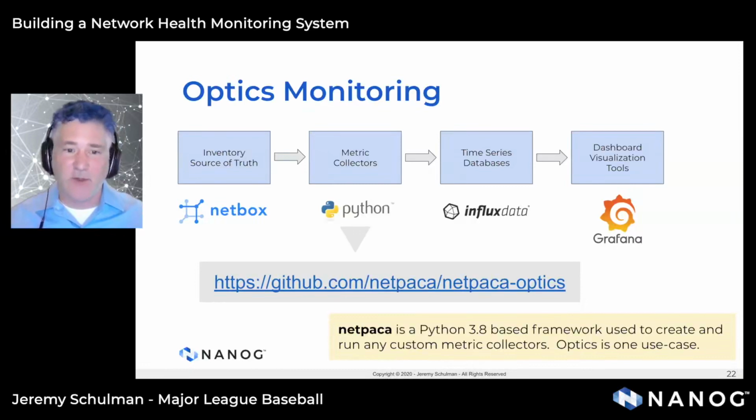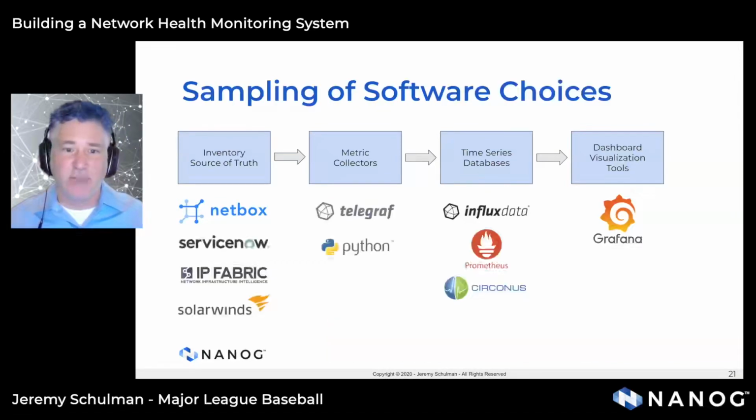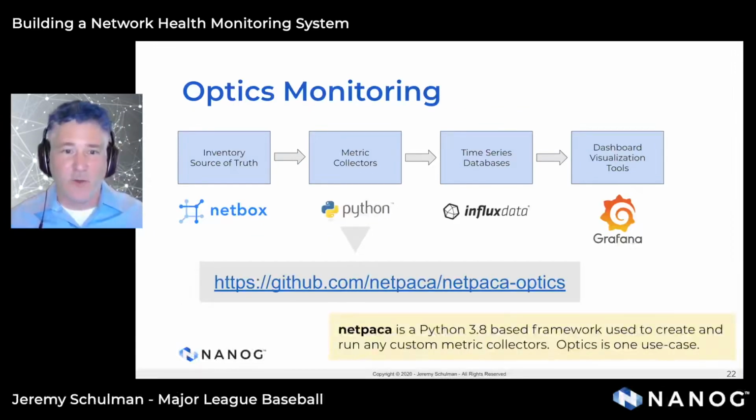I did look at using Telegraf originally. Telegraf, going back a slide, is an open source project that has a lot of really great capabilities to do something similar to what I wrote with this Python framework, but it didn't offer me the ability to do normalization and synthesis in the way that was important for me.